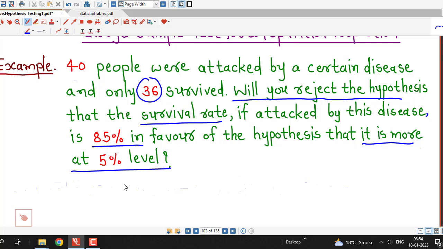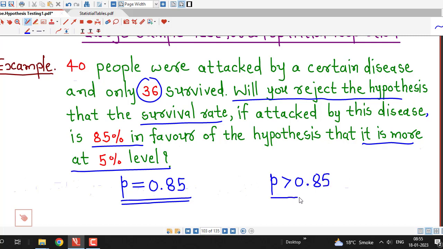So they consider this population proportion to be 85%, that is small p is 0.85. They ask us to check whether we will reject this hypothesis that the survival rate is 0.85 in favor of the hypothesis that it is more at 5% level.